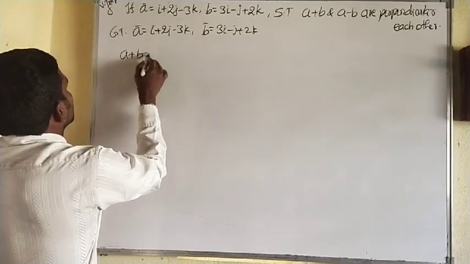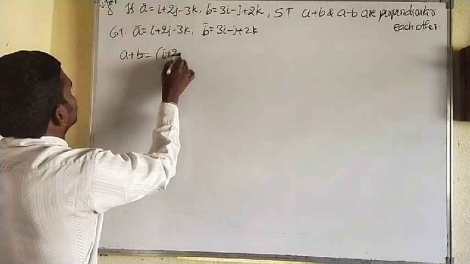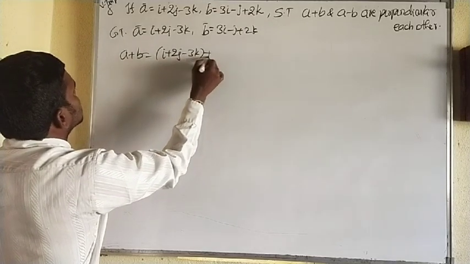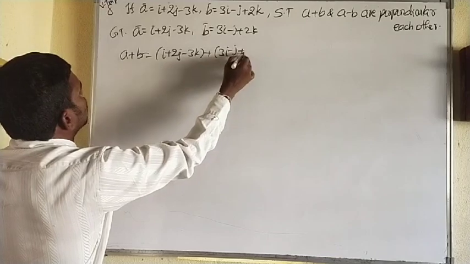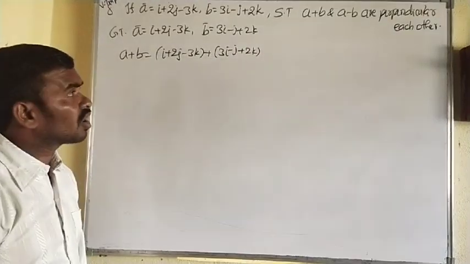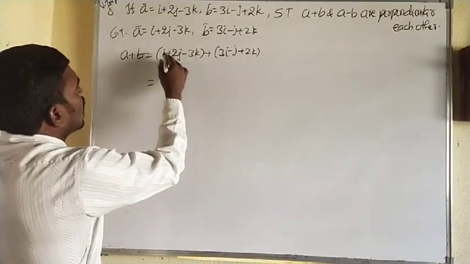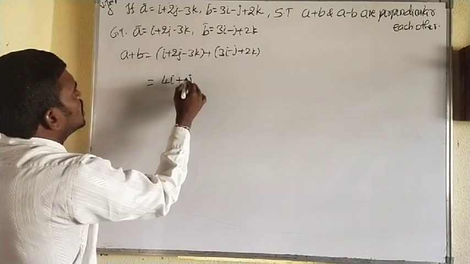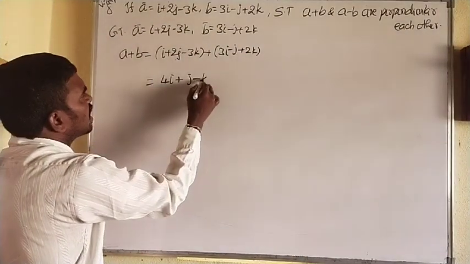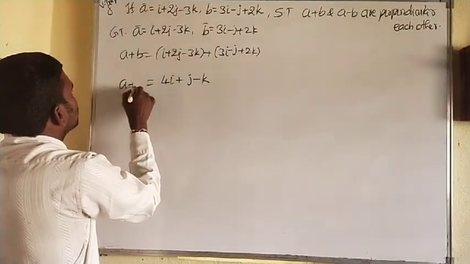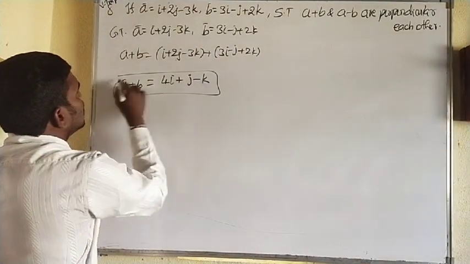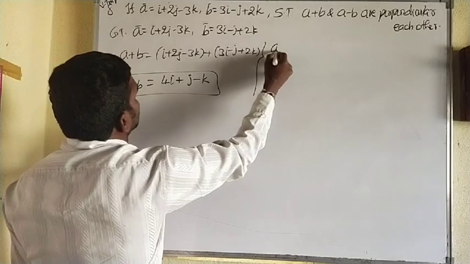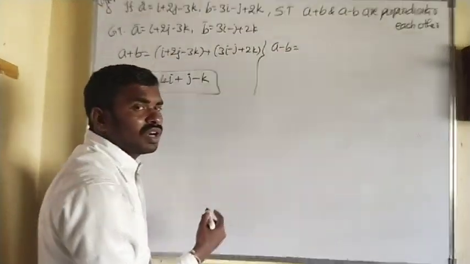A plus b means adding both: i plus 2j minus 3k plus 3i minus j plus 2k. So which is equal to i plus 3i, 4i, and 2j minus j becomes j, minus 3k plus 2k means minus k. So this is a plus b. Next similarly find a minus b. A minus b means what?